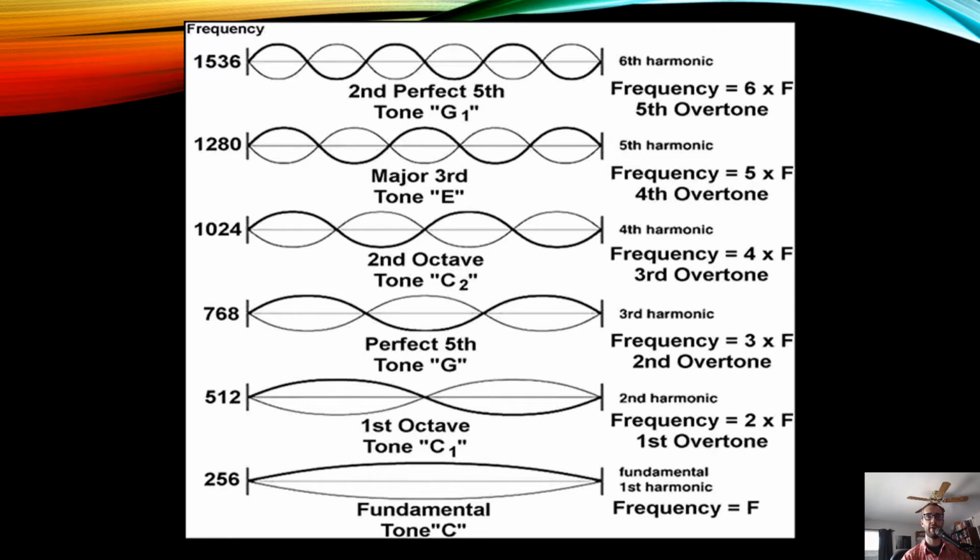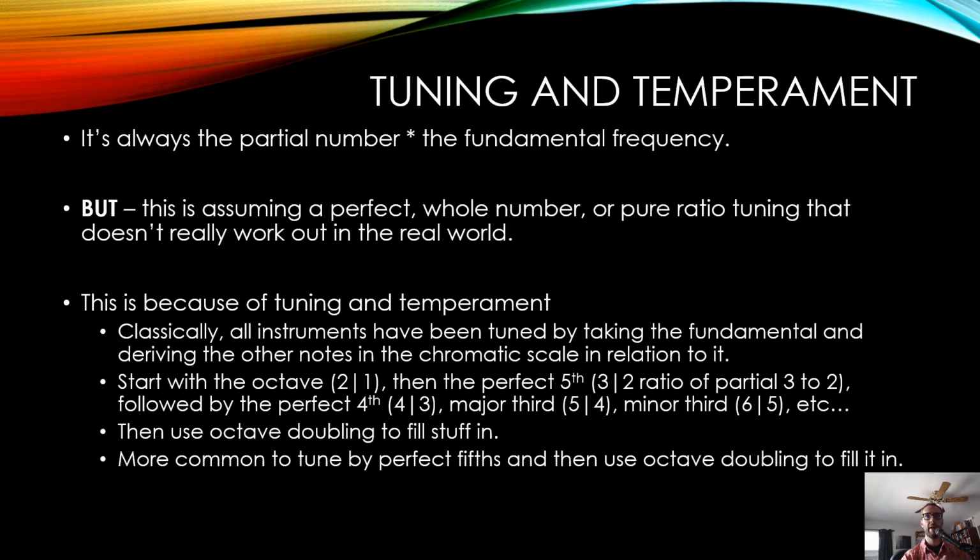So we've got frequency times 2, times 3 for the G, times 4 for the next octave, times 5 for the major third, and then times 6 for the perfect fifth. And that gives us the overtones in sequence. So again, it's always the partial number multiplied by the fundamental frequency, but this assumes a perfect whole number or pure ratio tuning that does not really work in the real world.